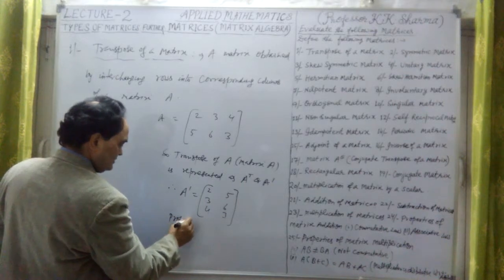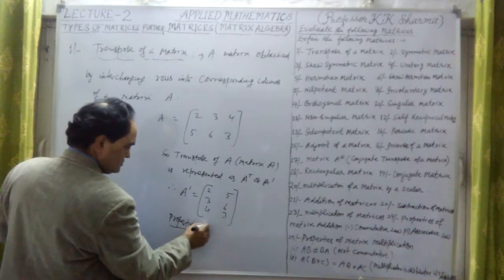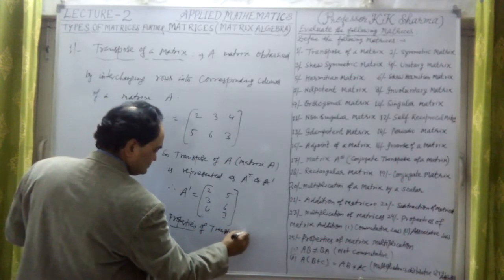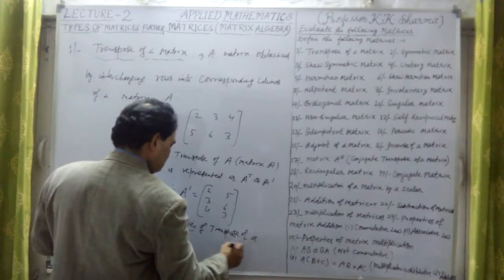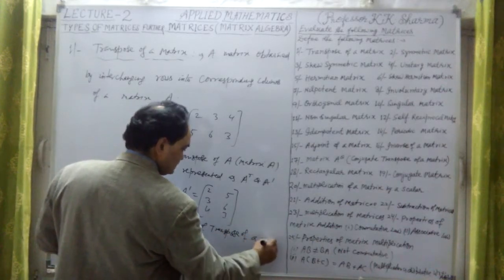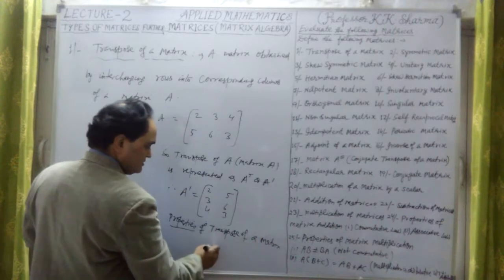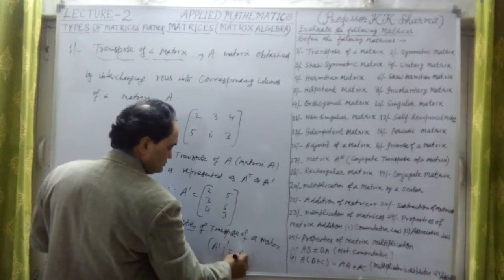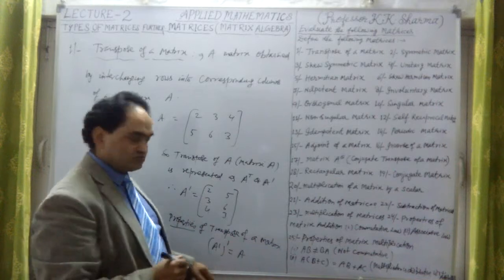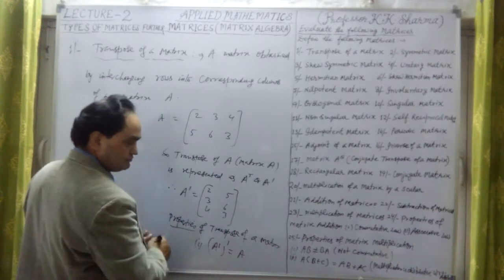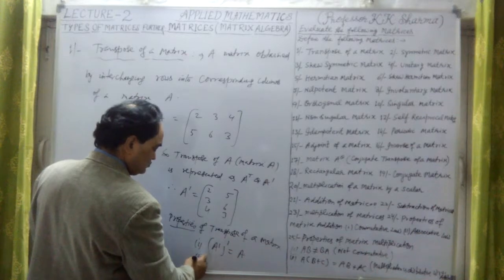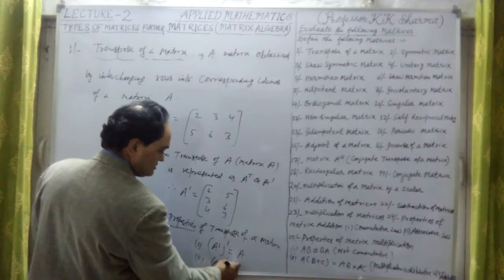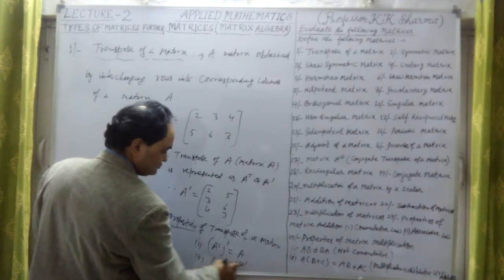The properties of the transpose of a matrix. First, if I take A transpose whole transpose, it is equal to A only, the matrix itself. Then, if there is a multiplication of two matrices, A B whole transpose, it is B transpose A transpose.